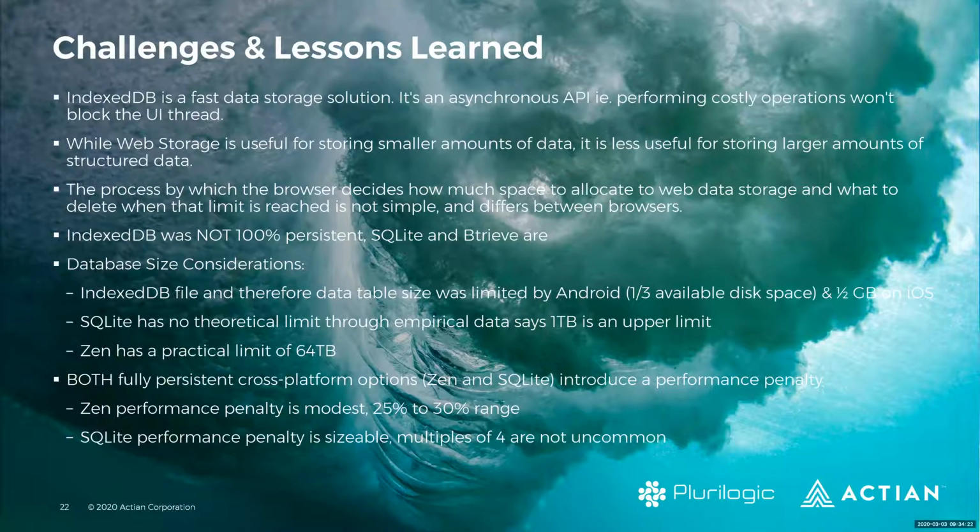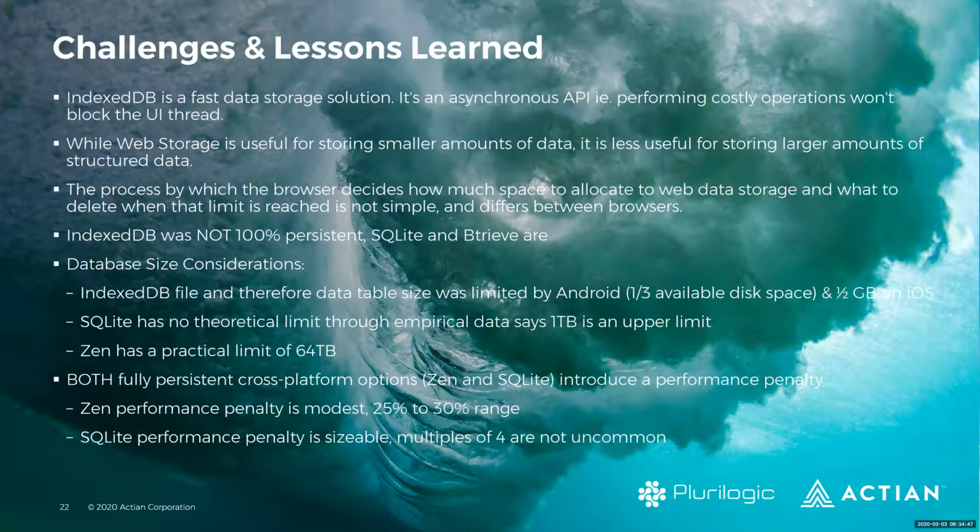Other considerations are that IndexedDB file and therefore data table size was limited by Android. Only a third of the available disk is available, and half a gigabyte on iOS. SQLite has no theoretical limit, though empirical data says 1 terabyte is an upper limit, while Zen has a practical limit of 64 terabytes.